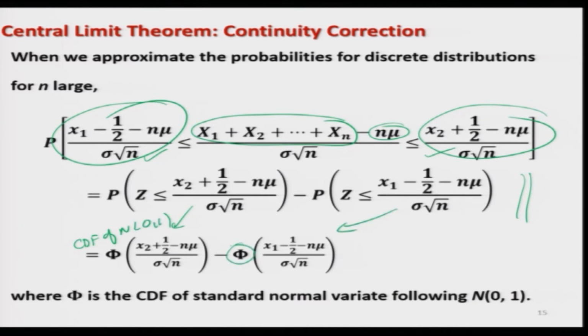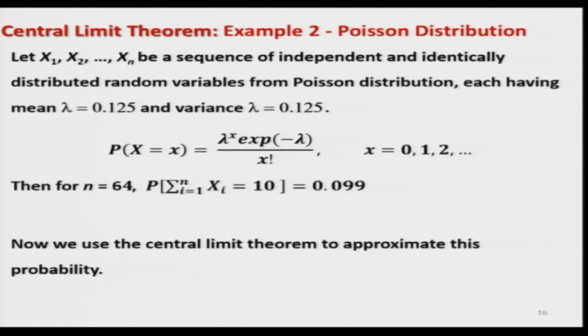Both these probabilities can be obtained at these two points, x 2 plus 1 by 2 minus n mu divided by sigma into root n, and x 1 minus 1 by 2 minus n mu divided by sigma into root n.